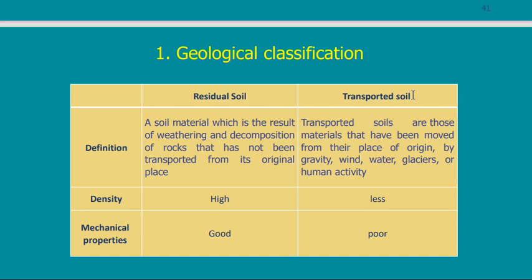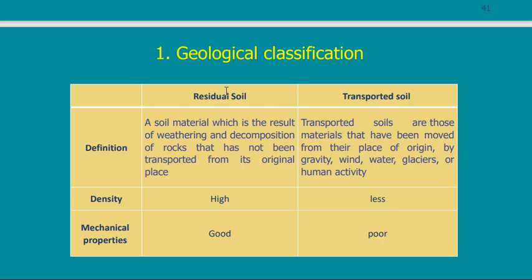So most probably it is very strong, because it was born there and it remained there, so it is compacted. But if I tell you that this is transported, it means that maybe air transported it from one place to the other, so it is distorted. It is not in the original shape that it was created at its original place.